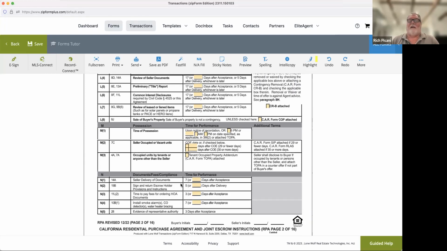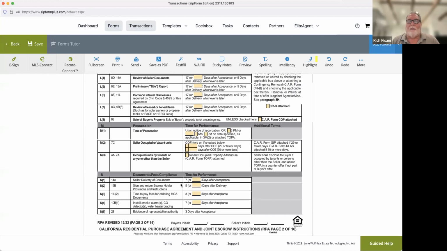The seller has 7 days to do that. For those agents, and I was one of them, who waited to the end to do retrofitting, because you know that retrofitting is required in the city of Los Angeles, and waited until all contingencies were removed, well, that's too late because that stuff needs to be done within 7 days.